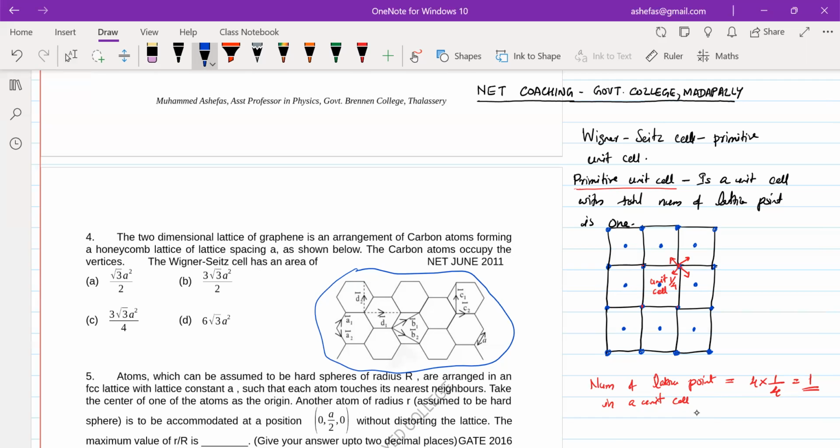Okay, now our question is, what is a Wigner-Seitz cell? The Wigner-Seitz cell is actually an example of a primitive unit cell. Its construction is slightly complicated, but in order to answer this question, that is not required for us.